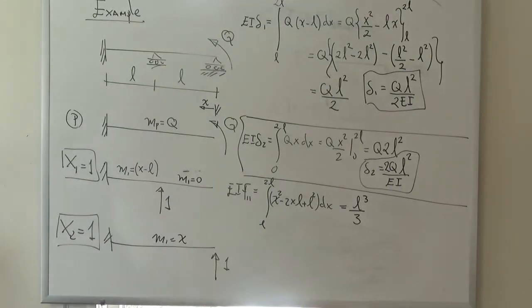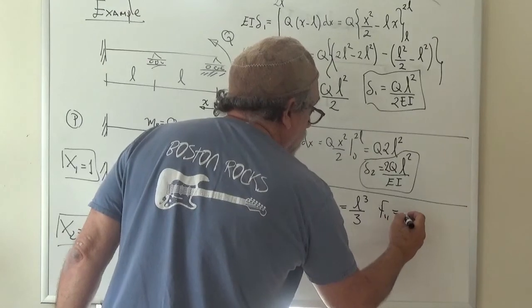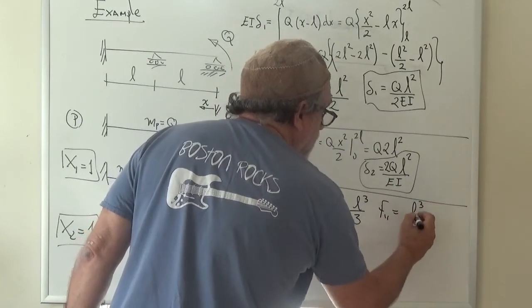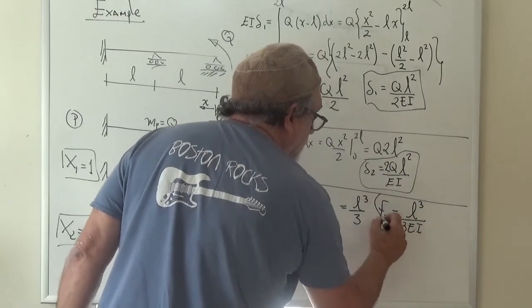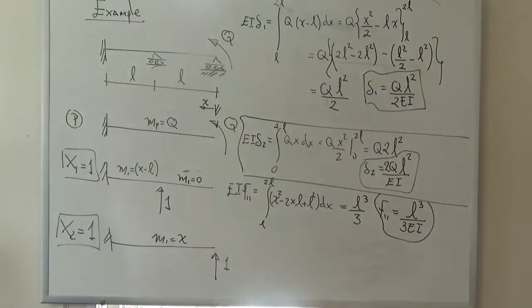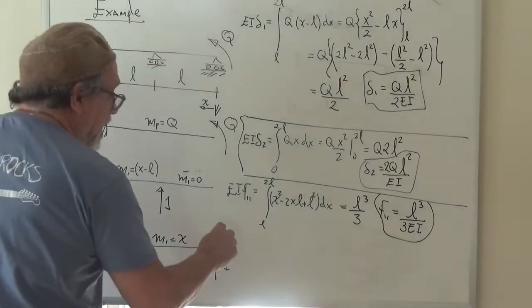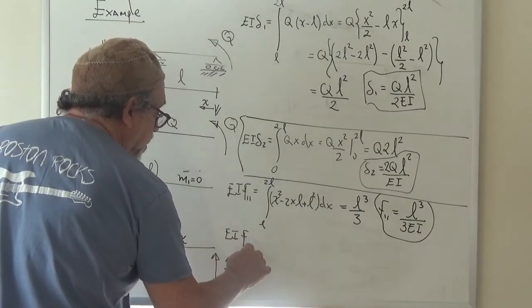So it's L cubed over 3. So we find that F11 is equal to L cubed divided by 3 EI. Okay? Then we need EI times F22.